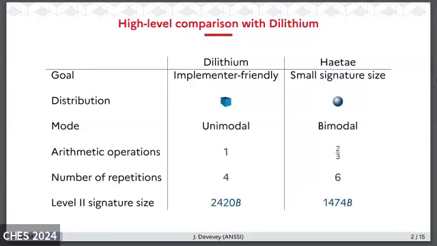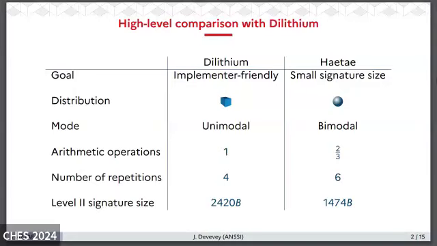This is done by two main changes: the distribution of the nonce, which is now continuous, uniform in a continuous hyperball instead of the hypercube in Dilithium, and the response is computed in a so-called bimodal form, but more on that later.